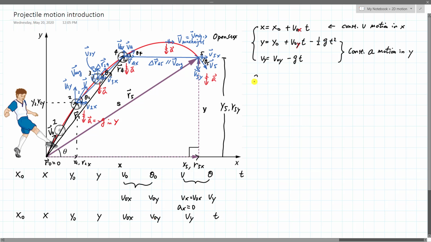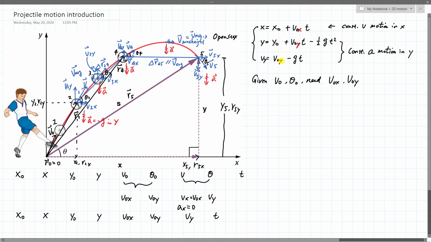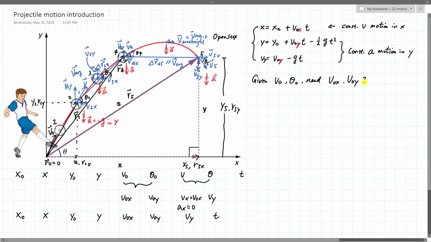So we're given initial velocity and the initial angle. So we need x and y initial velocity so that we can use them here. Also here, let's also highlight that with red. Okay, it just keeps going to the background. Okay, so how do we do that?